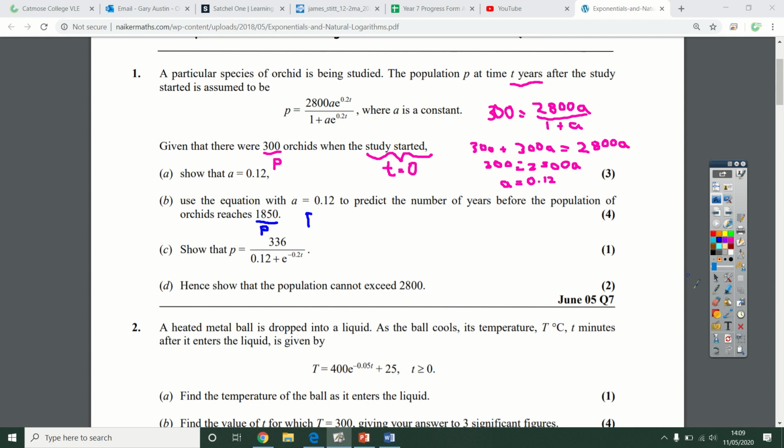P is a given value, 1850, equals 2800 times 0.12 e to the 0.2t over 1 plus 0.12 e to the 0.2t.